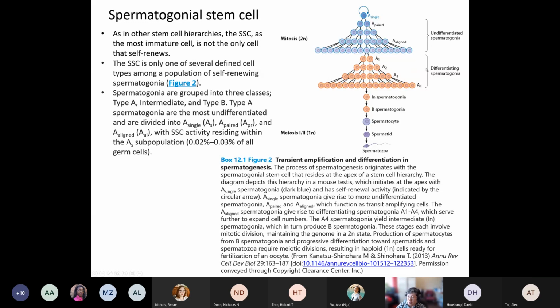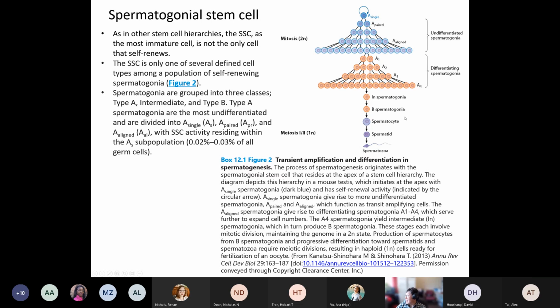So strictly speaking, from A1 to A4, they are no longer spermatogonial stem cells. Conceptually, they shouldn't be considered the stem cell population within the spermatogonia. But then from A1 to A4 cells, you're going to have so-called intermediate spermatogonia and then type B spermatogonia.